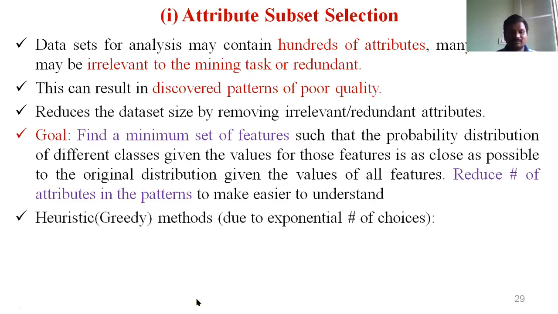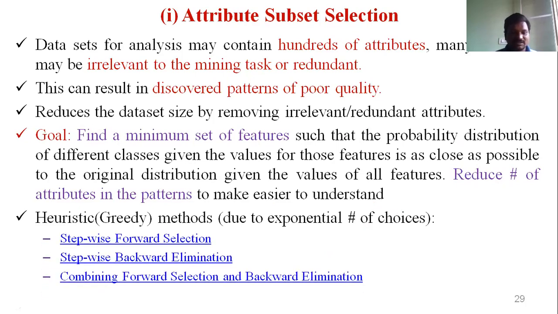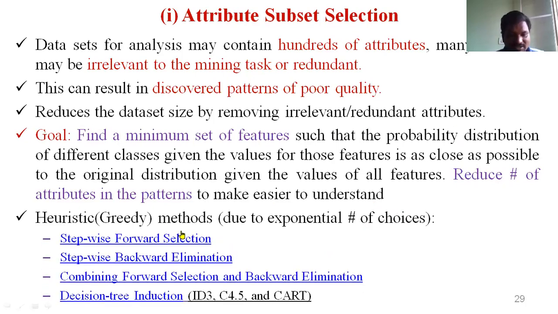Some of the heuristic methods for reducing attributes are greedy methods, due to the number of choices. One approach is stepwise forward selection. Another is stepwise backward elimination, and then combining forward selection and backward elimination. Another one is the decision tree. I already explained the decision tree.